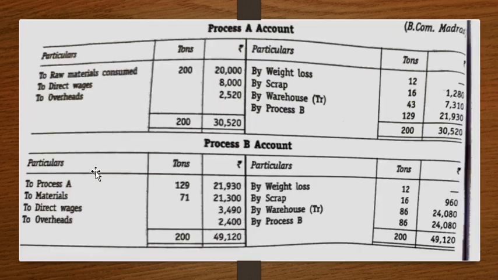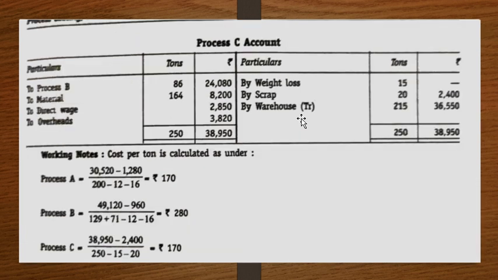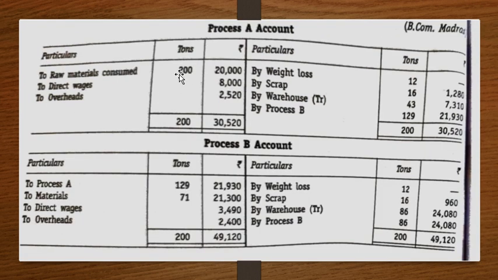The total cost in your process A is 20,000 plus 8,000 plus 2,520, which will give you 30,520, minus the losses incurred, that is your normal loss. Here weight loss as well as scrap will be considered as normal loss. The total amount of it is 1,280, as there is no recovery amount for weight loss, there is only recovery for scrap, which is 1,280. So you will take 30,520 minus 1,280 divided by total number of units introduced minus normal loss units. The total number of units introduced is 200.